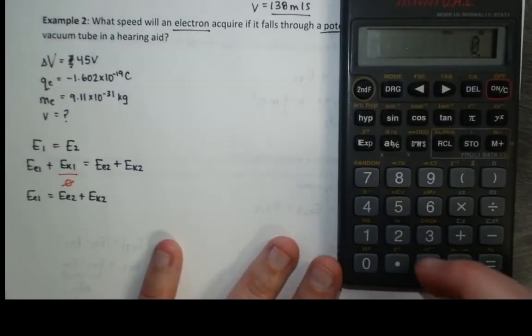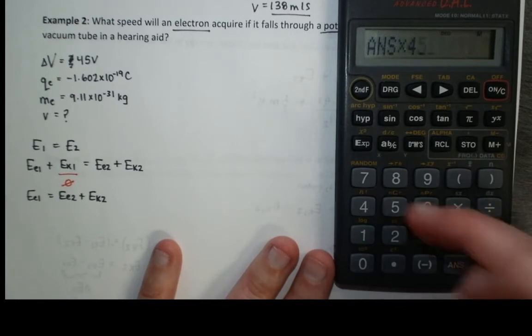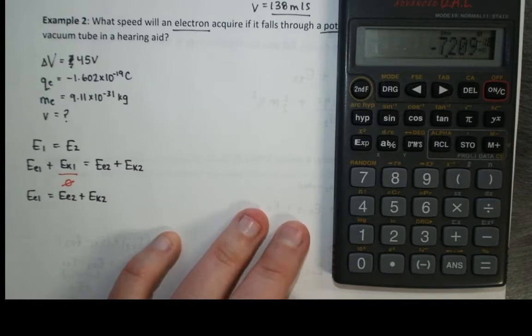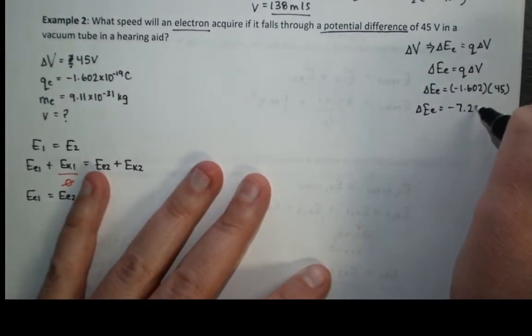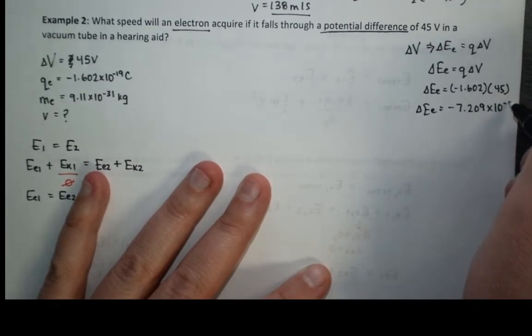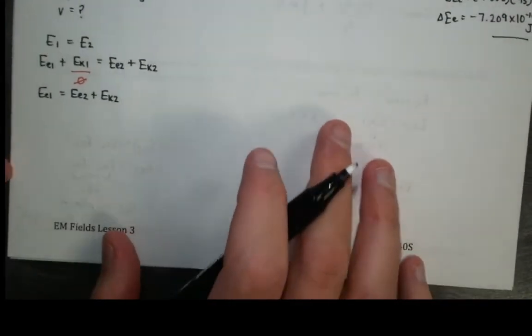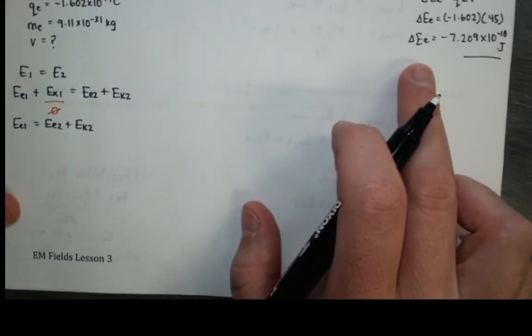So negative 1.602 exponent -19 times 45 gives us this, in joules. Okay, so if we could arrange this so that we had it as delta E, let's try that.